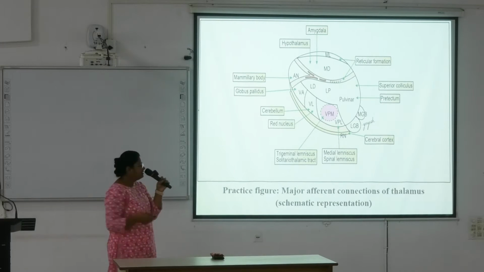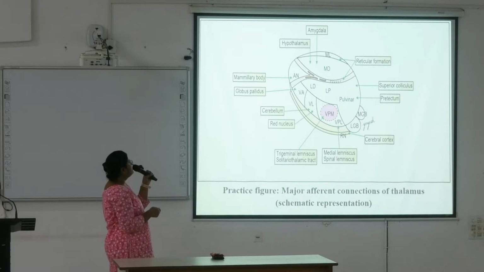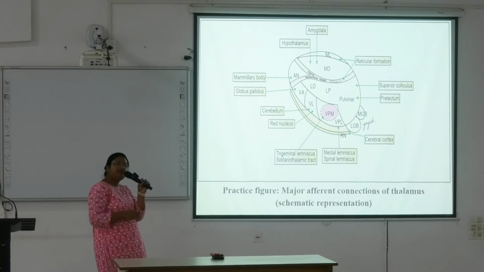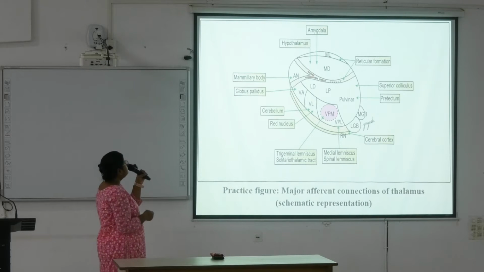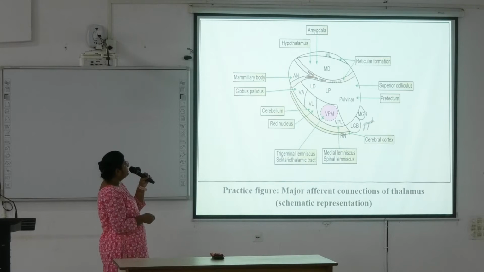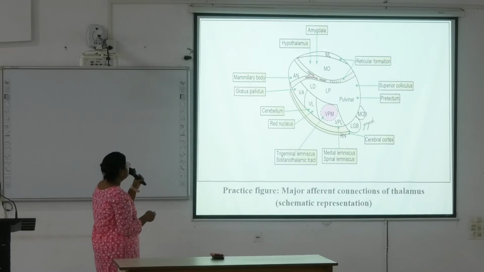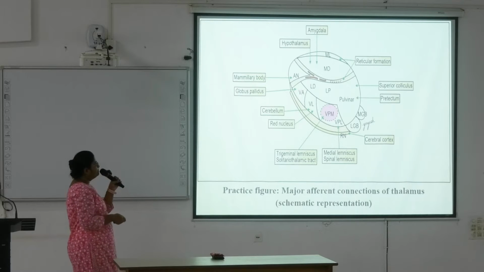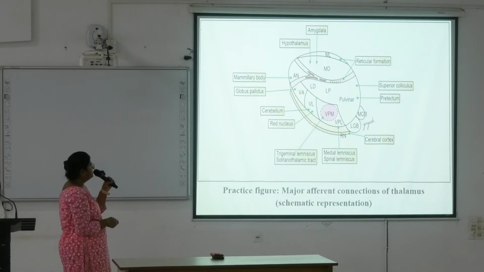Okay, so this Y-shaped white matter structure is dividing the thalamus into different nuclei. So here is anterior nuclear, here is lateral dorsal, lateral posterior, pulvinar, ventral anterior, ventrolateral, ventral posteromedial, ventral posterolateral. Okay. So these are the main important nuclei of the thalamus.